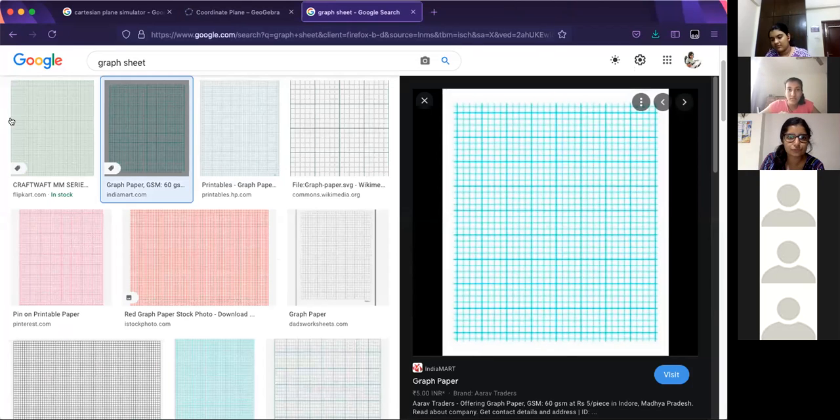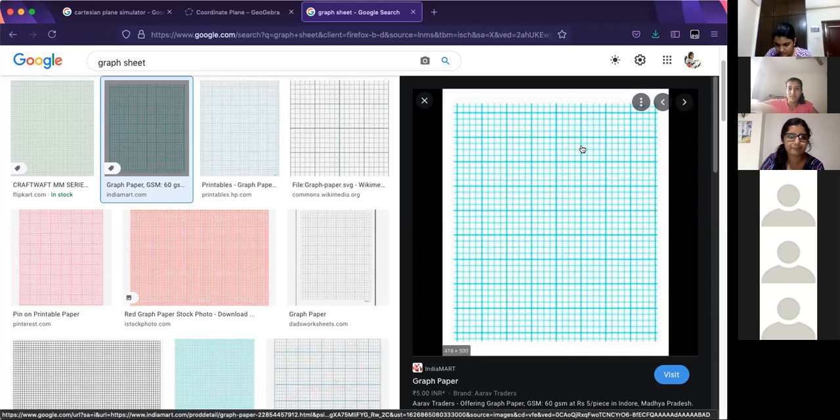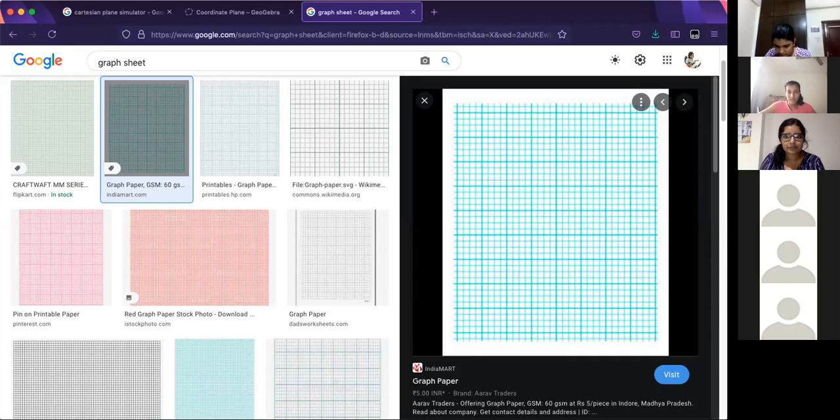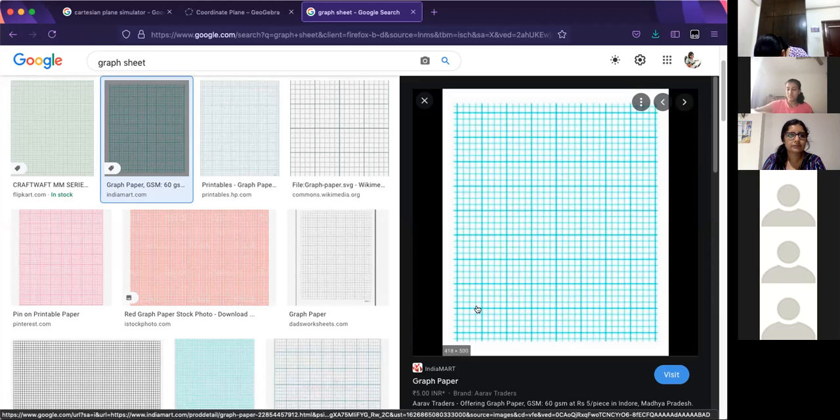You have some darker lines, you have some lighter lines in between. Ma'am, can we do it digitally too, like in the Paint app? For practice, yes, you can.